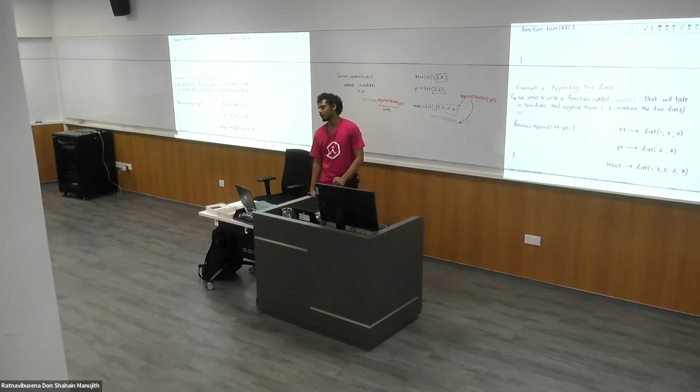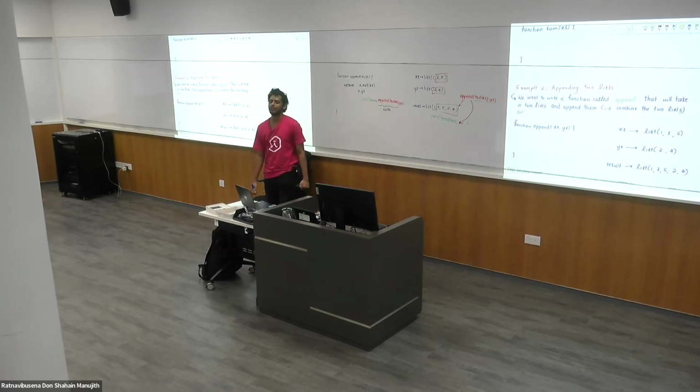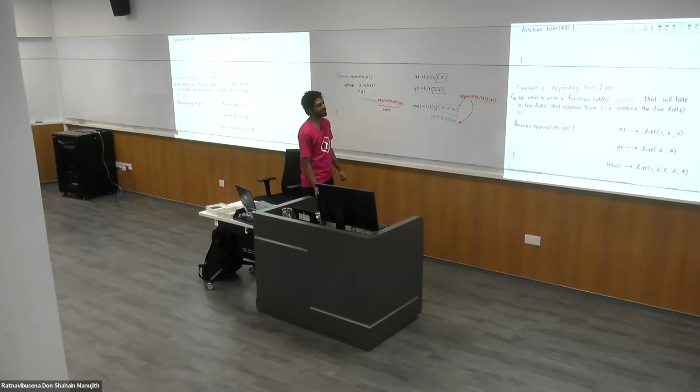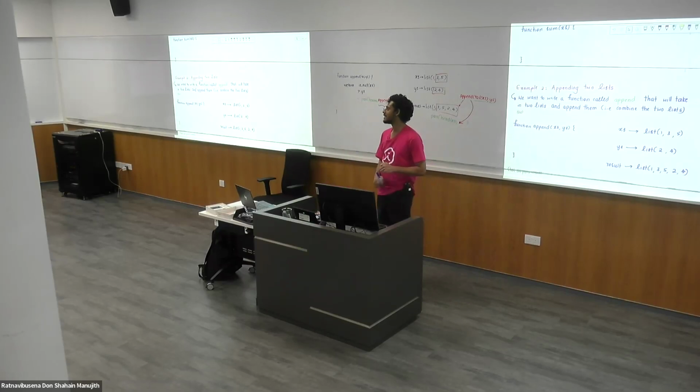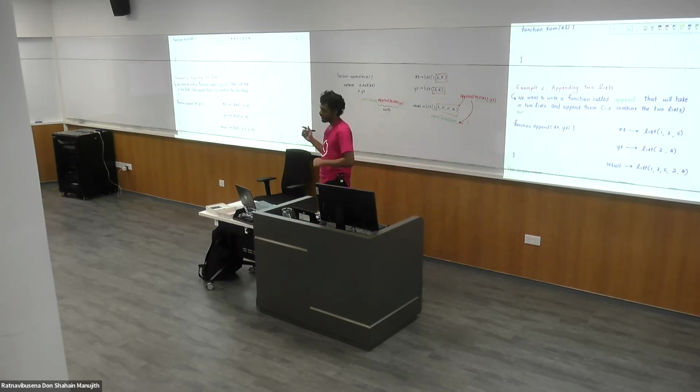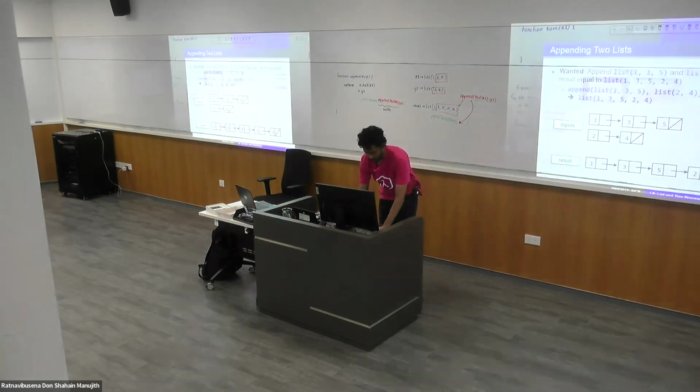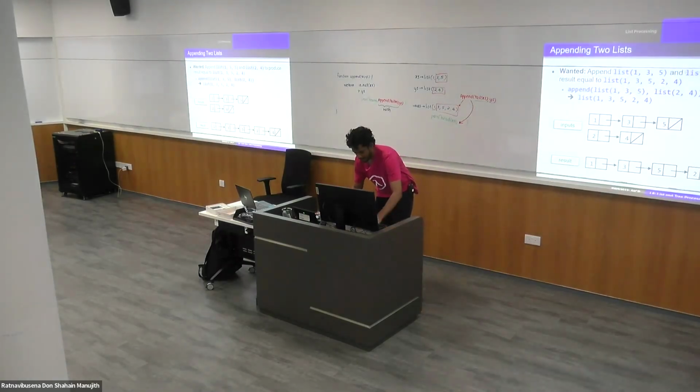Yes, it's actually taking theta n, where n is the length of xs. For those who do not understand that, it doesn't matter, but just so you know, it takes theta n, where n is the length of the first list, xs. So that's appending two lists.